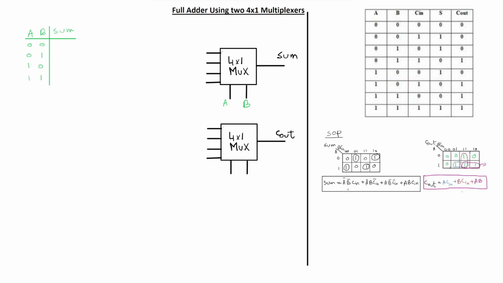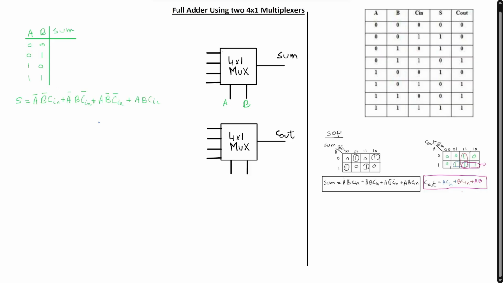Now we can use this Boolean expression. Let's rewrite it here. The sum is equal to, let's see for the first combination, 0 0.